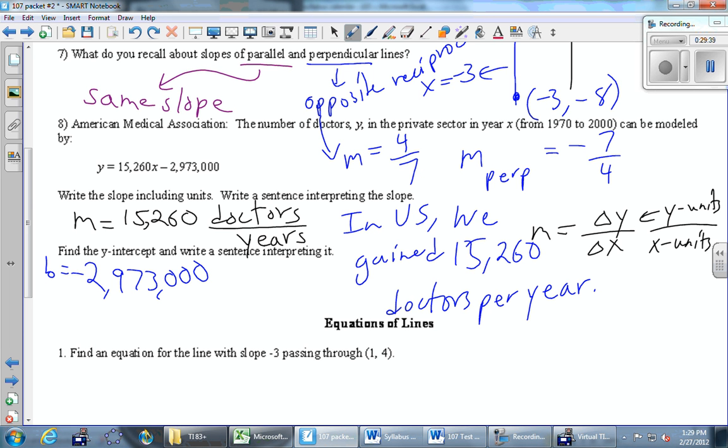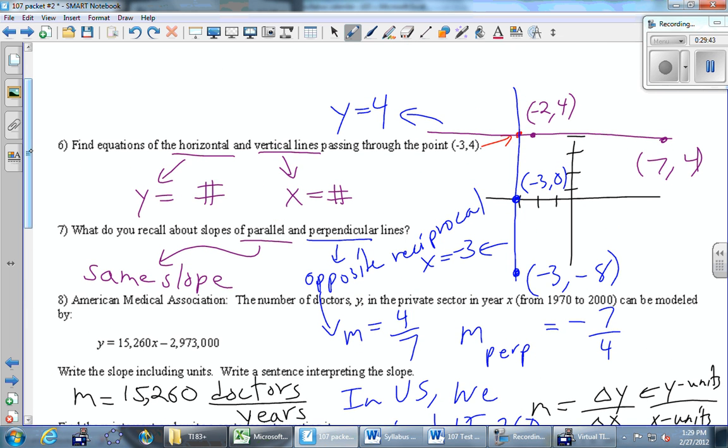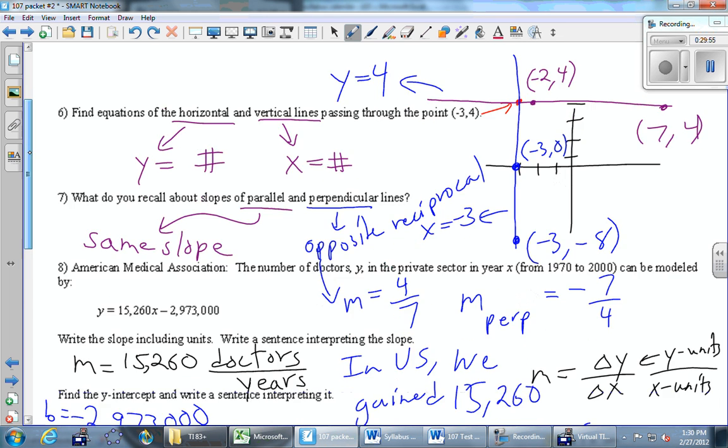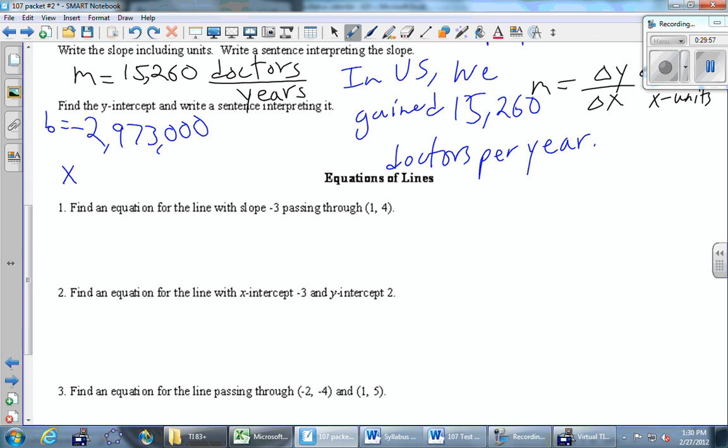What's the x value if you're sitting at the y-intercept? You guys agree? Like if you just draw a line, how much is the x right there? It's 0. That's how you get to be on the y-axis. X must be 0. Okay, so then I can say something like, if x is 0, then the y turns out to be this negative 2,973,000.